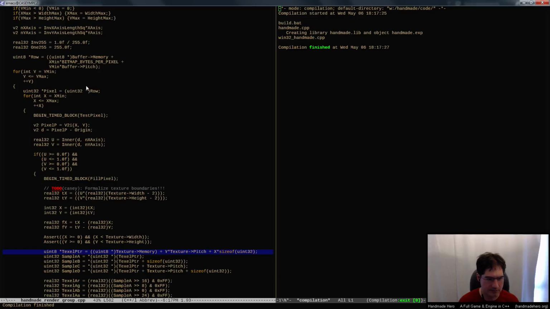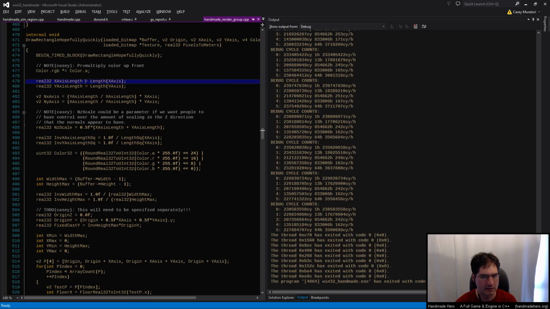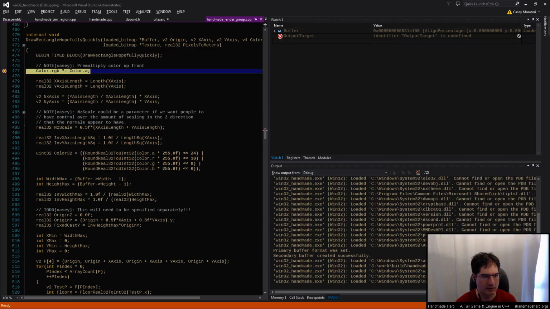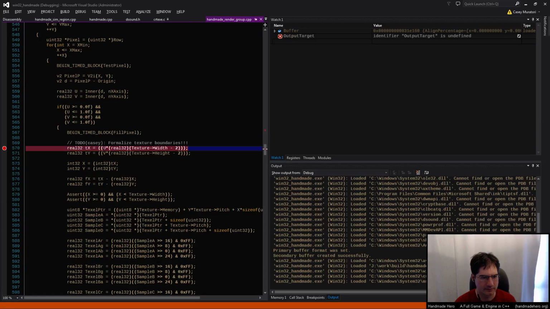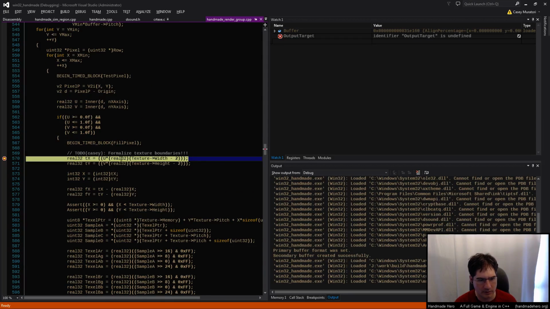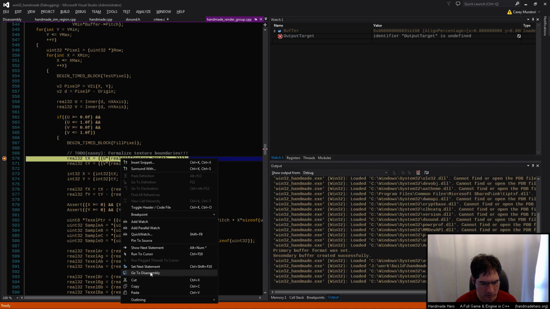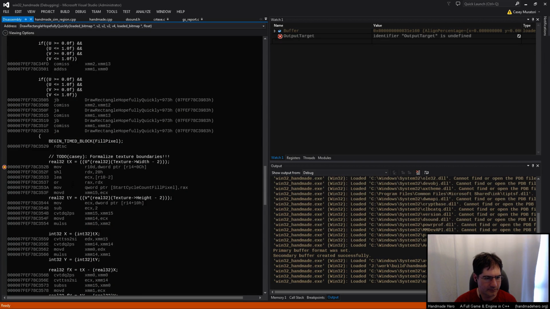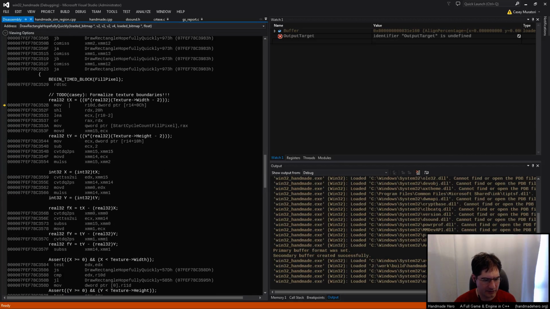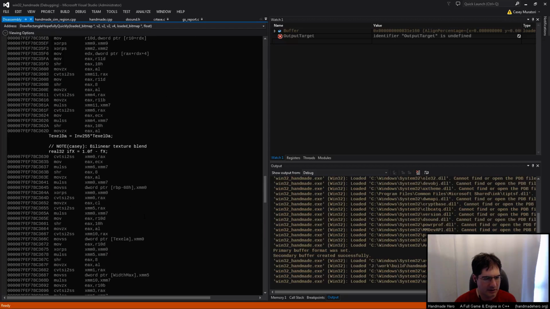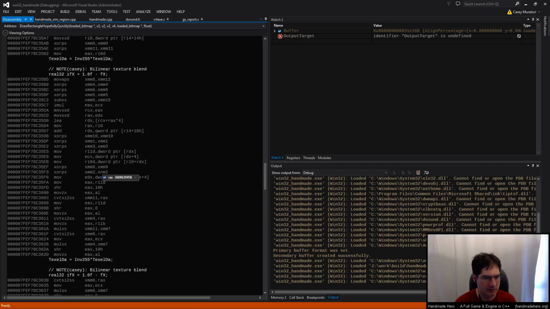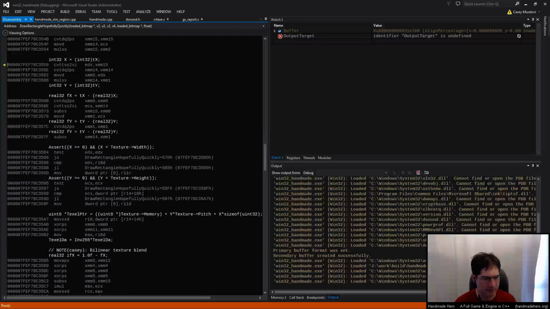Let me see if I can get this to happen here. So if we take a look at what it's doing, go to disassembly, we can see if it looks like it's doing anything particularly intelligent with that. I don't actually know if it is or not, but let's see. XOR, there we go.